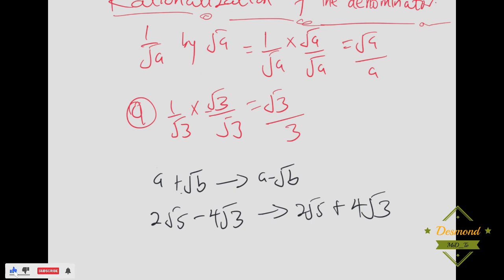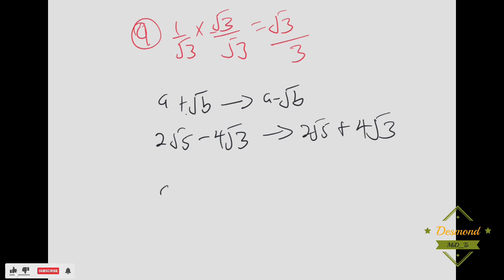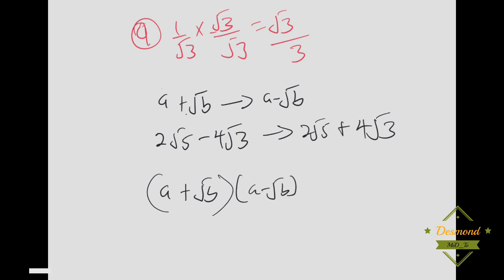So let's say when we multiply A plus root B and its conjugate, which is A minus root B, we won't get the answer in the form of a surd. Let's do it and see. We have A times A, which is A squared.